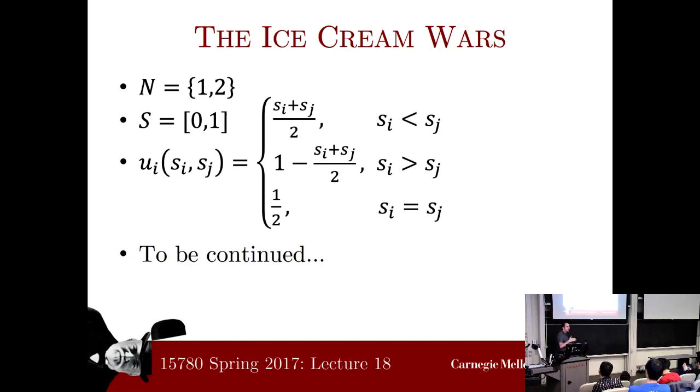If s_i is larger than s_j, then i is getting the northern customers. So it's everybody from 1 down to the midpoint between s_i and s_j. So the fraction of customers, when they're uniformly distributed, is 1 minus this midpoint, which is (s_i + s_j)/2. And we're going to assume if they chose exactly the same point, then customers are going to choose uniformly at random who to go to, and then they each get utility 1/2.